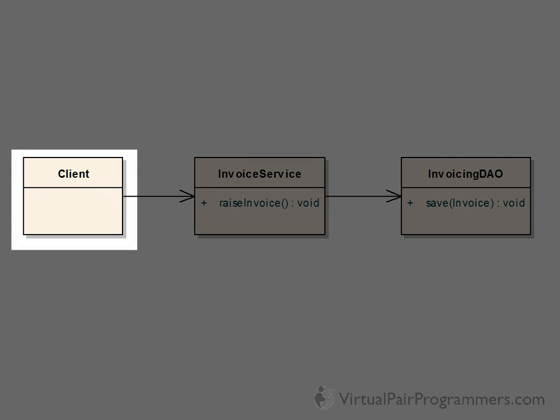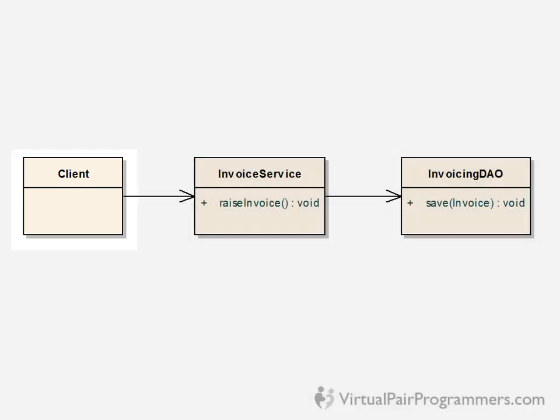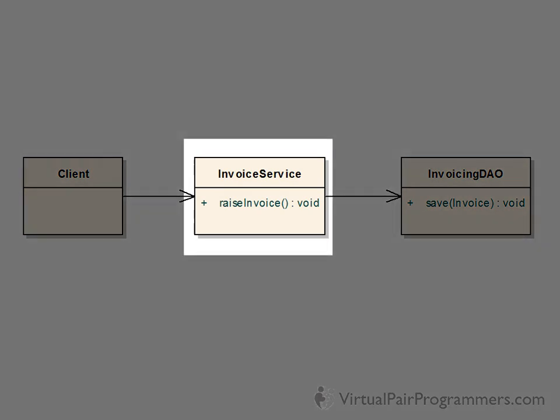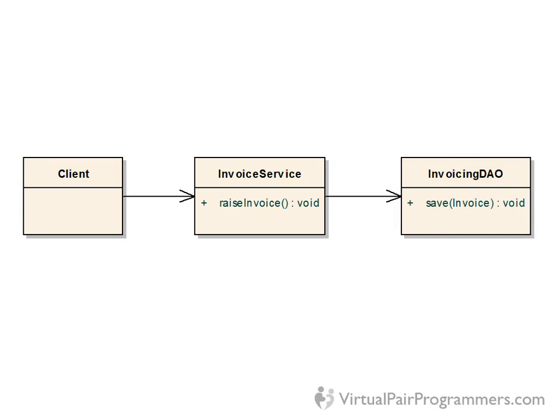Eventually, we'd probably make this into some kind of a web page, but for now, a text-based console application will do. We then, in the middle, have a service class. This is where the application methods will appear. By application methods, I mean the methods that the clients want to call.